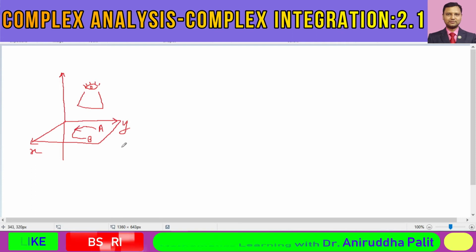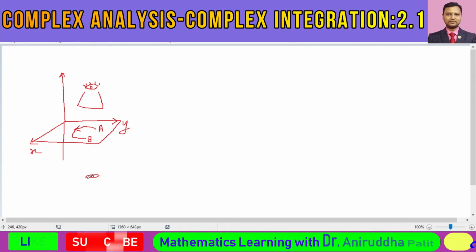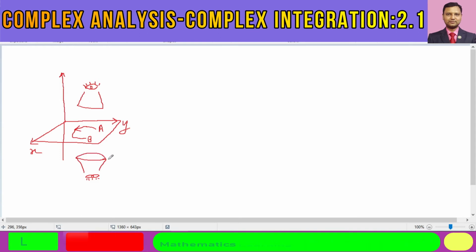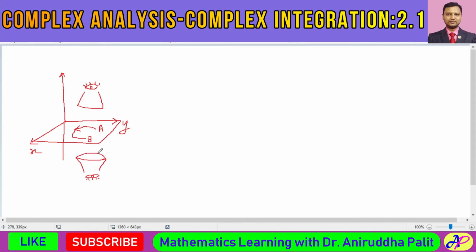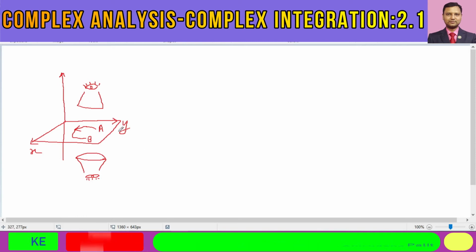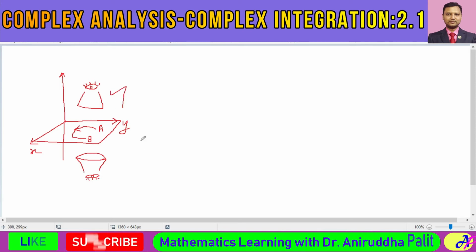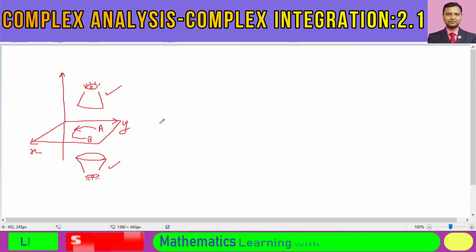However, if we have an observer sitting over here, he would find that the curve is moving in the opposite direction. So from two different points of view, the observer will find that the curve is rotated along two different directions.